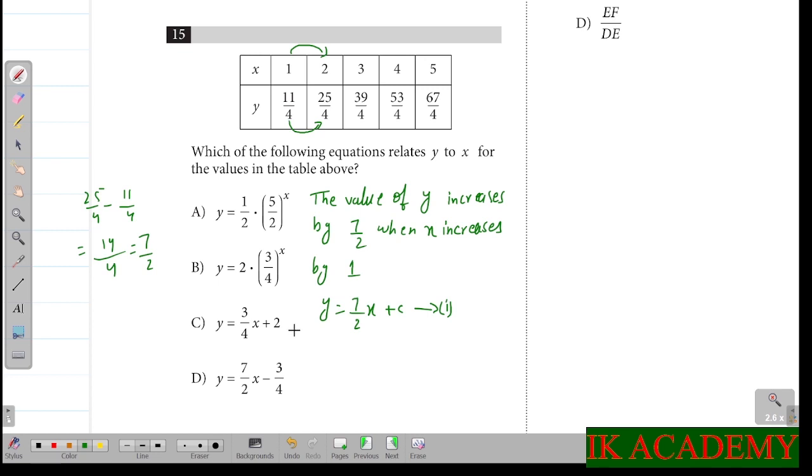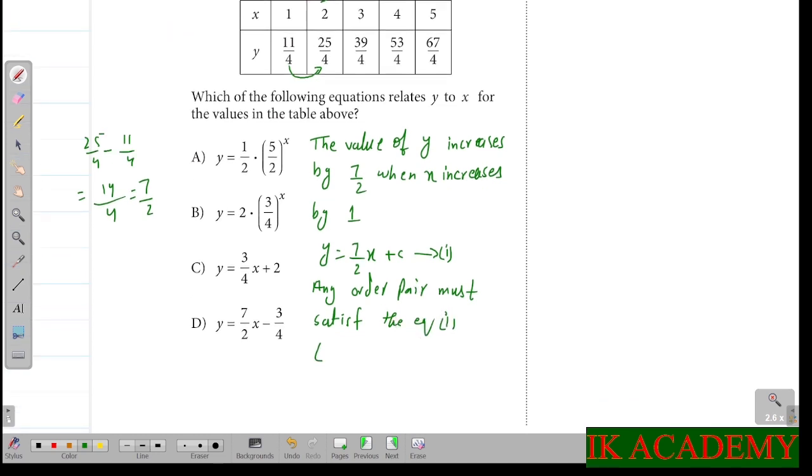Any order pair from the table must satisfy equation number 1. So I am going to choose the first order pair, which is when x is equal to 1 and y is equal to 11 by 4. Let me write down first. Any order pair must satisfy the equation 1.